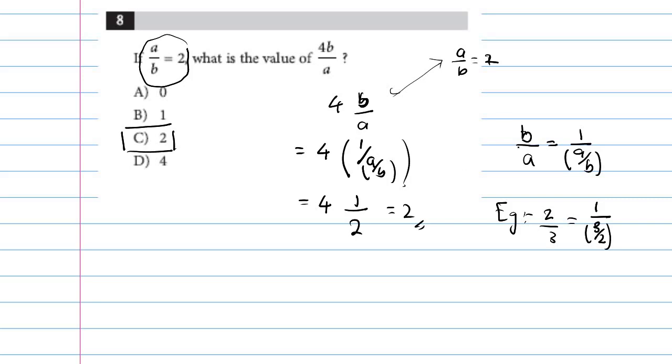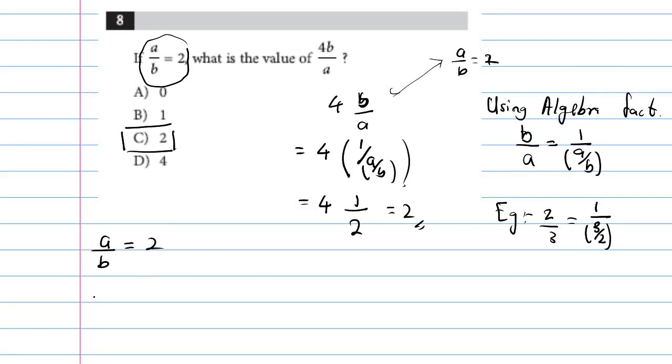Also, this is a nice method of solving this, using some fact in algebra. This is not hard, but if you're not familiar with these kinds of questions, let me show you another way. So you know that a over b equals 2, right?